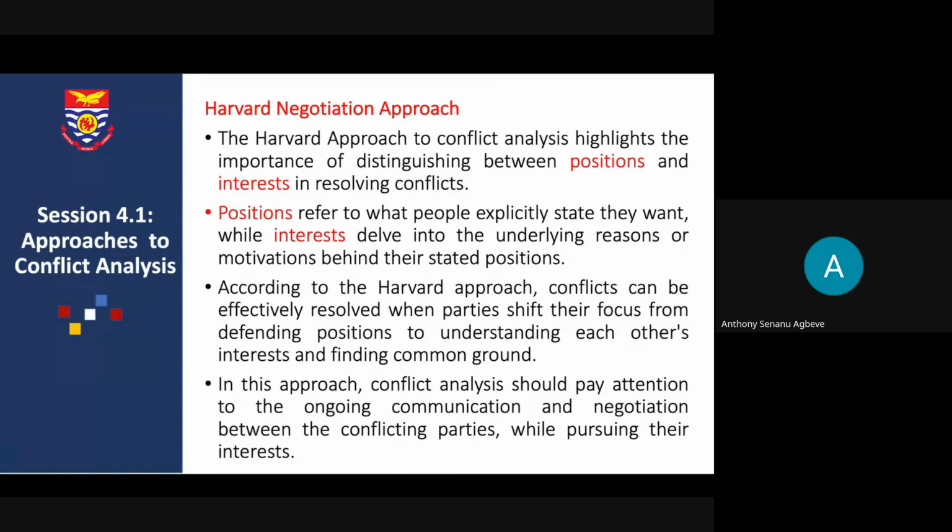why they are saying they want what they want, right? So, for example, when you take the Boku conflict as a case study, I think somewhere within the past 2-3 weeks, the court case involving the individual who has been taken by the national security, and his subjects cannot identify or locate where he is.